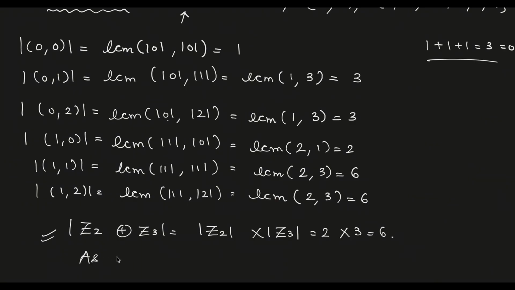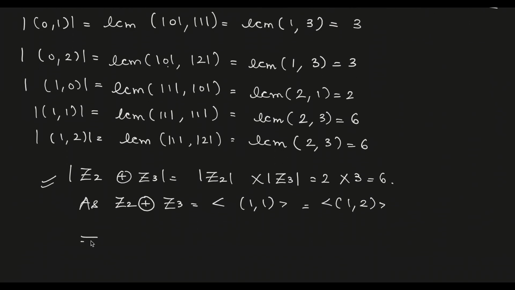As Z2 direct sum Z3 has generators 1 comma 1 and 1 comma 2, this is cyclic.